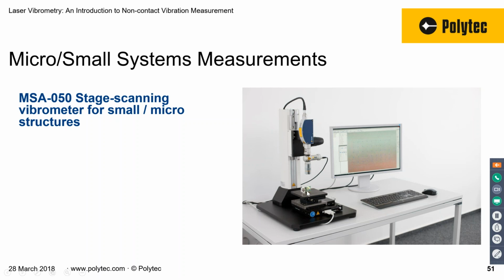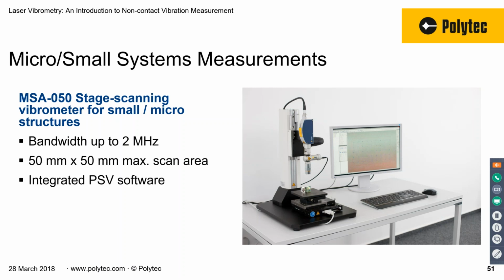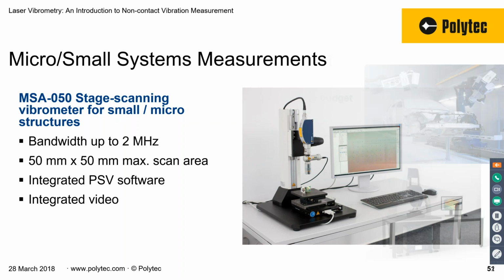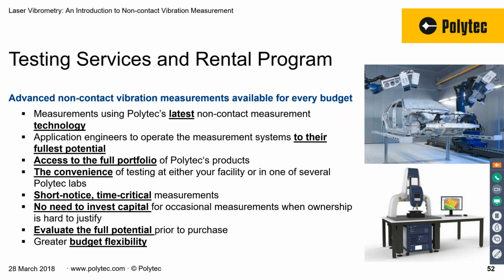So we can measure microstructures or small devices, again with the same scanning software that was developed for the PSV systems you saw before, but in a smaller package. Bandwidth up to 2 megahertz, up to 50 millimeters square area can be measured, and it has the integrated video like I mentioned before.